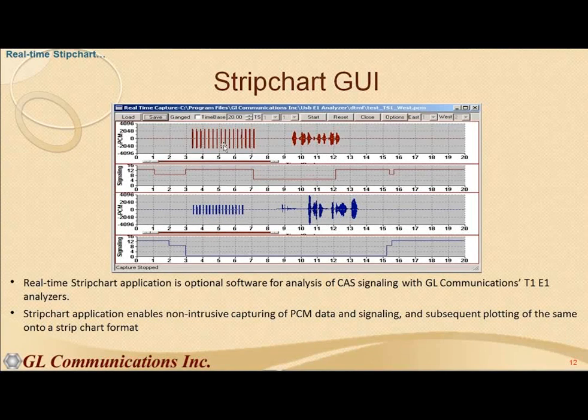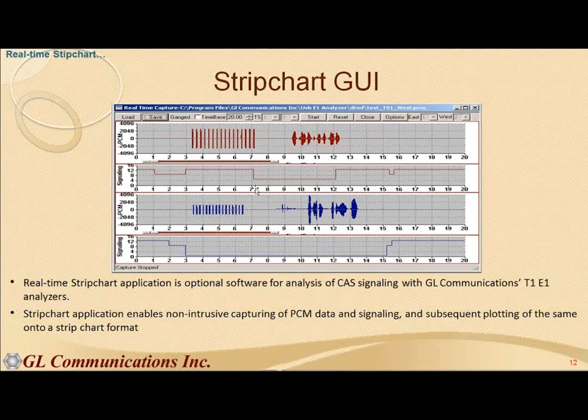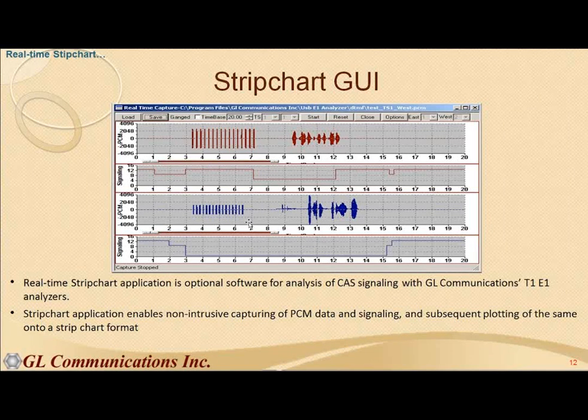So normally, this application would be useful for, for example, MFCR2. I know from previous dealing with customers, MFCR2 is a bear to diagnose or initially get up and running because it's got a lot of protocol aspects to it.